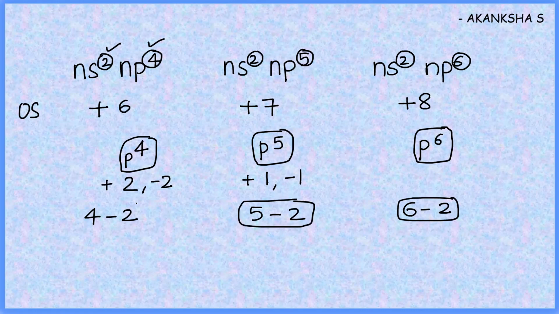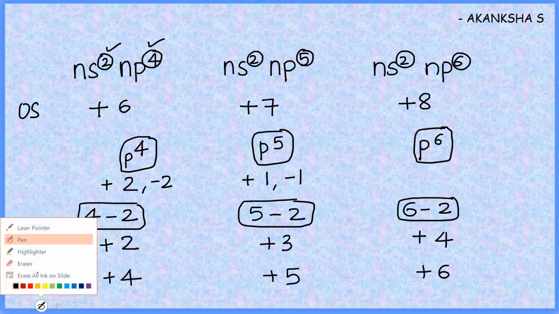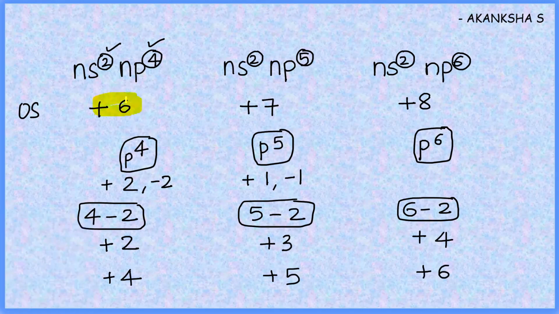This will also give you some hint. 4 minus 2 is 2. 5 minus 2 is 3. 6 minus 2 is 4. And finally, p4, p5, p6. So I'm not sure how many of you would find this helpful, but I personally, when I was a student, this helped me a lot.